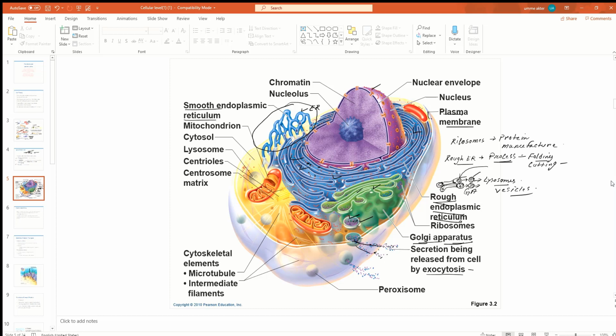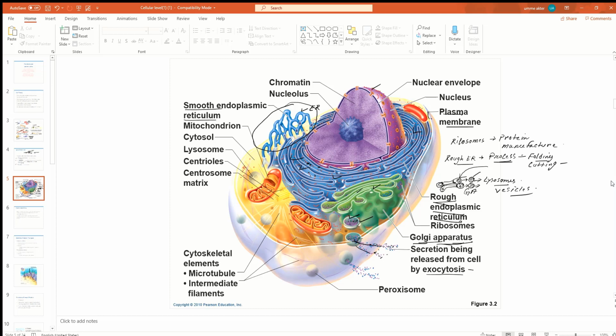So if we just quickly review: who produces or manufactures the proteins? Ribosomes. Who processes the proteins? Rough ER. And who does the packaging of the protein?